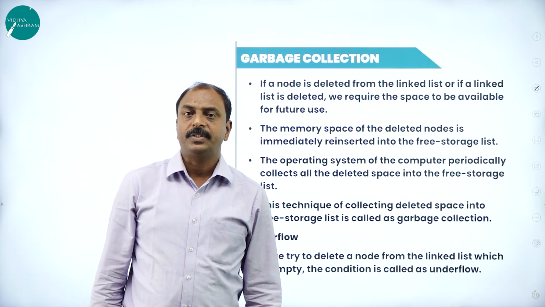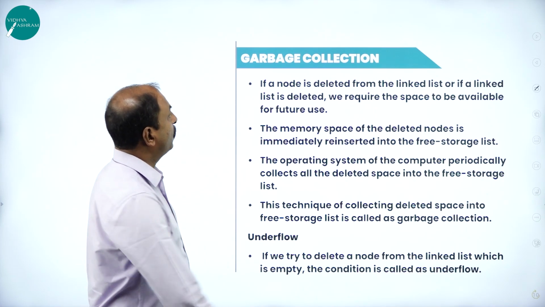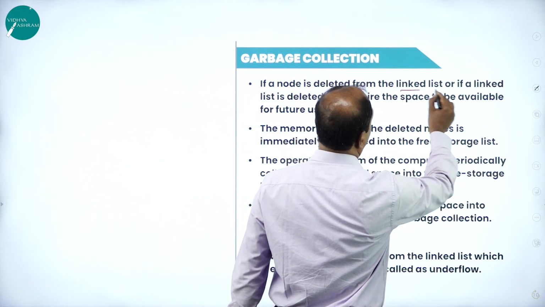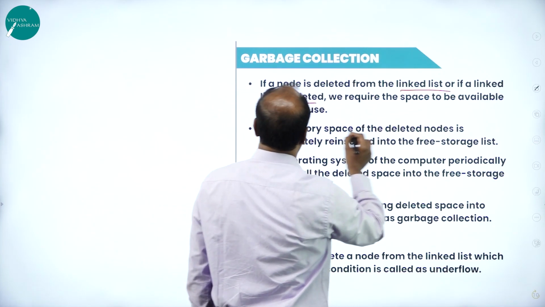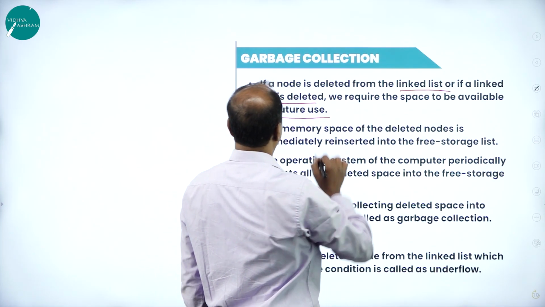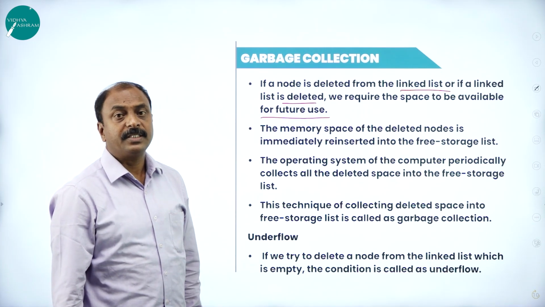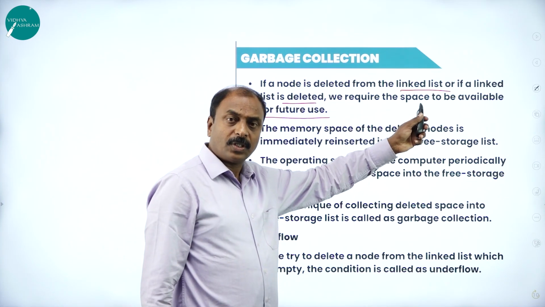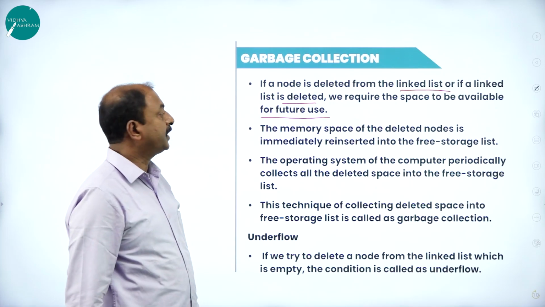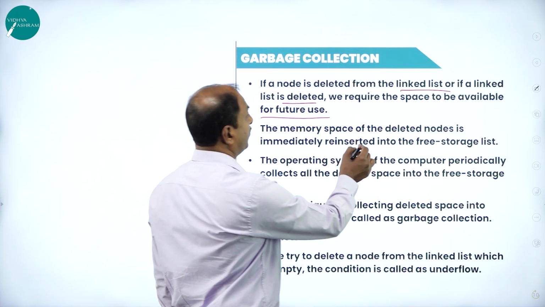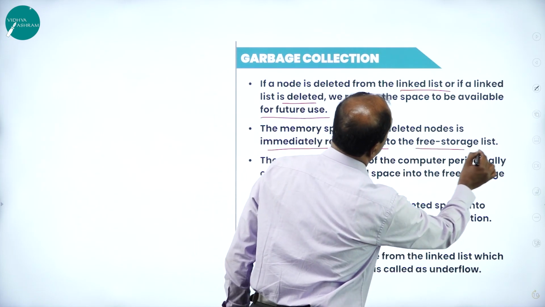In the next slide, we will see the definition of garbage collection. If a node is deleted from the linked list, or if a linked list is deleted, we require the space to be available for future use. So if any linked list or any node in the linked list is deleted, those nodes are stored in a separate linked list that is called garbage collection. The memory space of the deleted node is immediately reinserted into the free storage list.